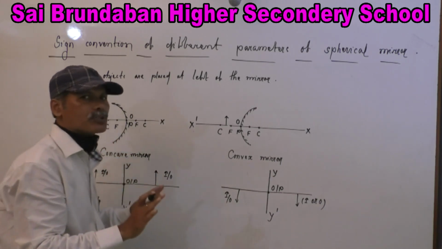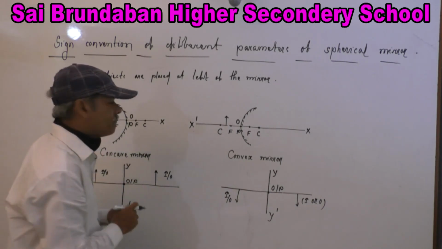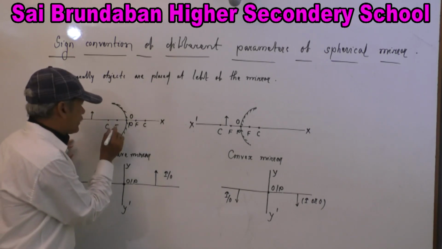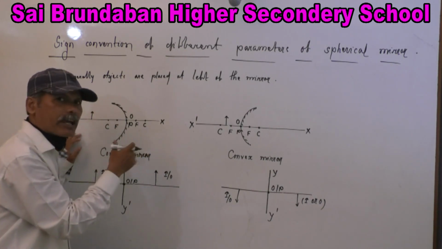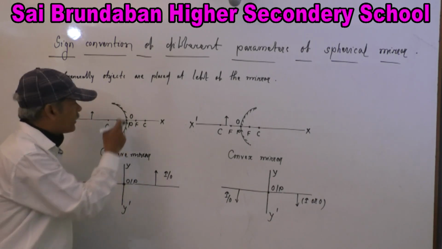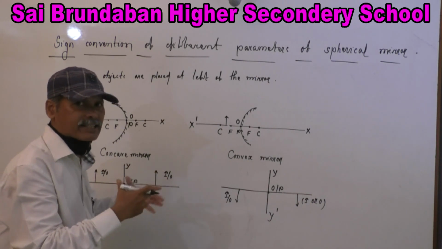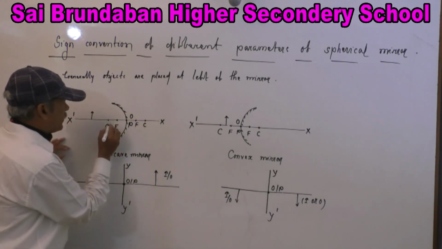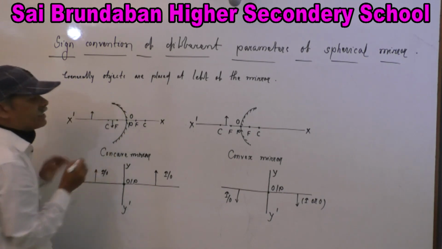Suppose a real image is formed. No doubt the real image will be formed in between C and F, or somewhere else. If we draw the ray diagram, the image will be formed in front of the concave mirror because the convergent reflected rays intersect each other at the point where the image is formed. Let's say the image is formed here.